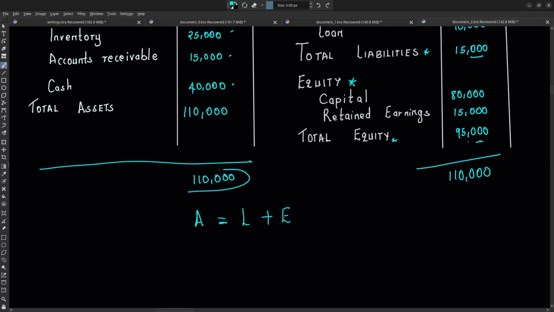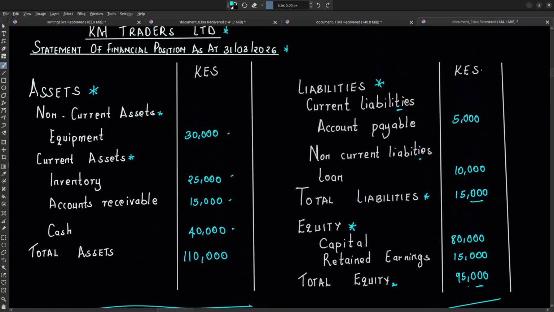So we have our assets of 110,000, and our equity is 95,000 and liabilities 15,000, which is also equal to 110,000. And this is basically what the statement of financial position looks like. We are going to look at more examples and more different components that make up the statement of financial position.